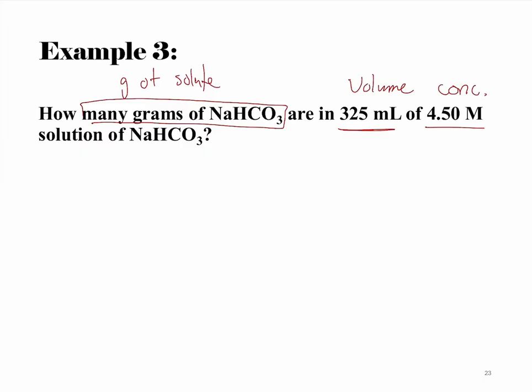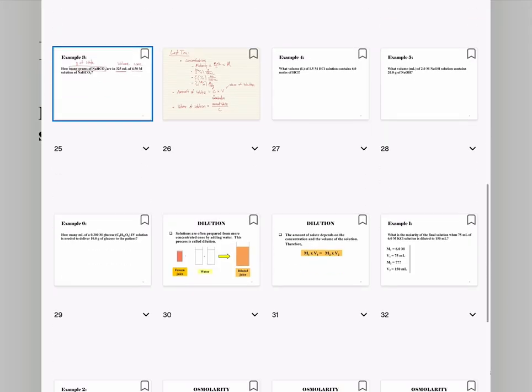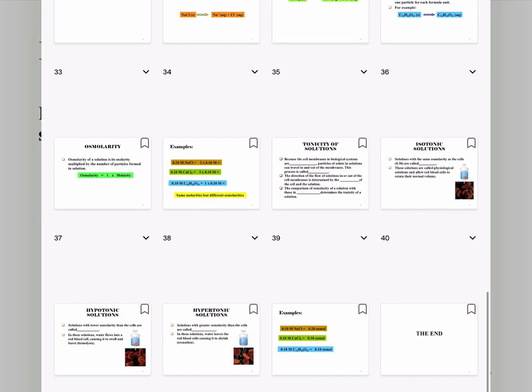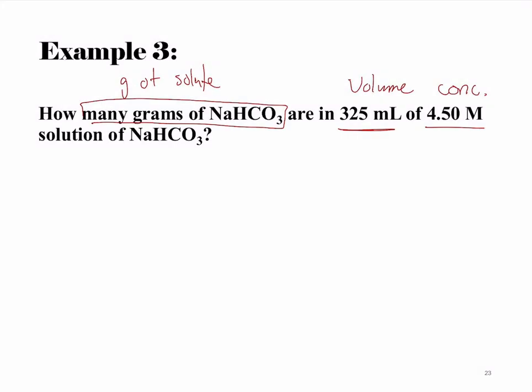So why don't you guys take a second and see if you can figure this one out. We get the amount of solute from a concentration and a given volume.